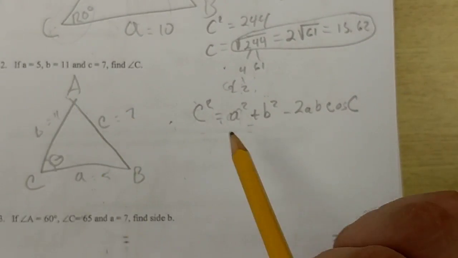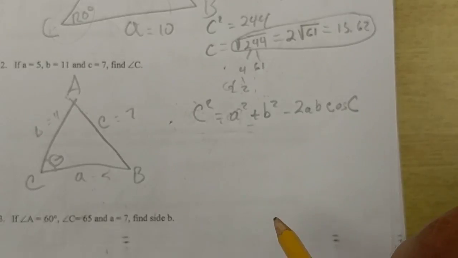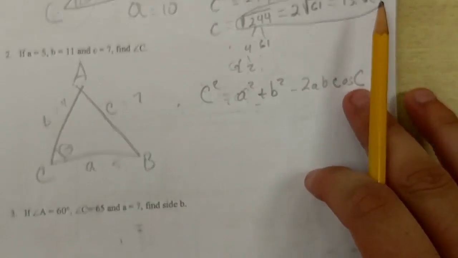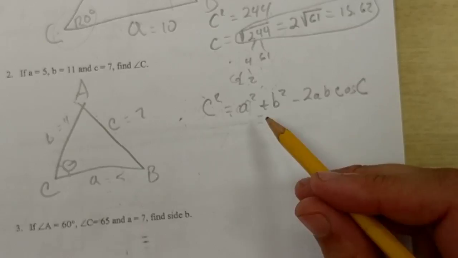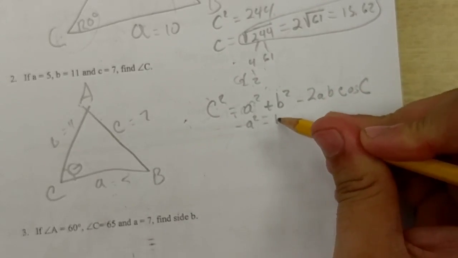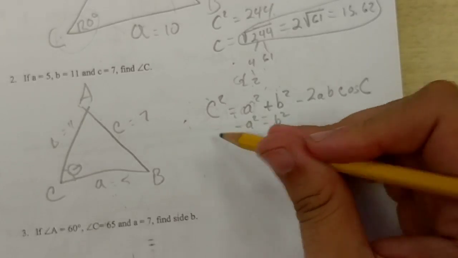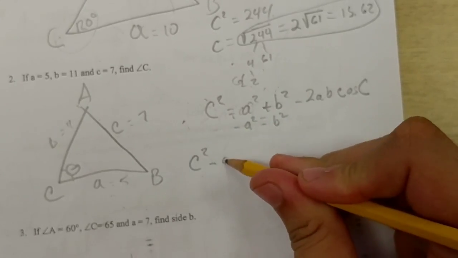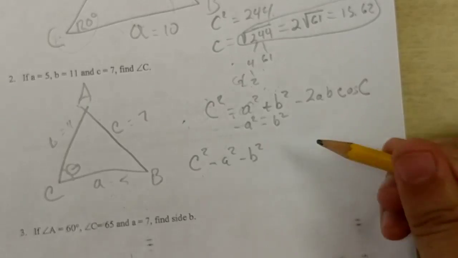Now, if you feel comfortable, plug in all the numbers first and then solve. What I'm going to do is try to algebraically move everything first. So I'm going to subtract A squared and subtract B squared from both sides. So I'm going to have C squared minus A squared minus B squared.